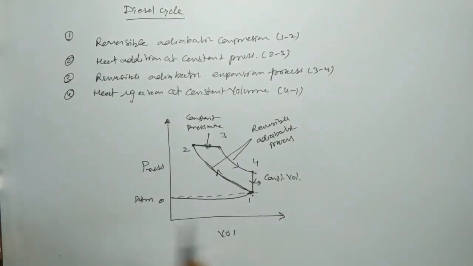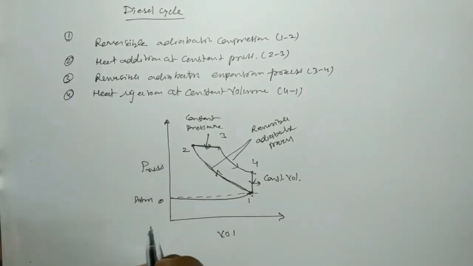From the first law of thermodynamics, work produced by the system is directly proportional to the heat supplied.